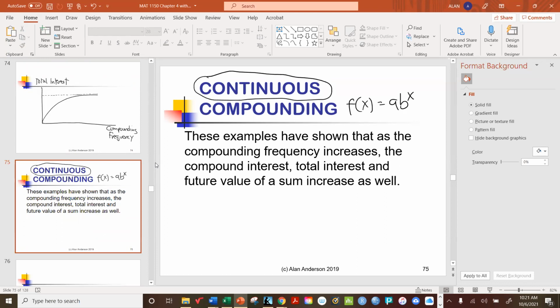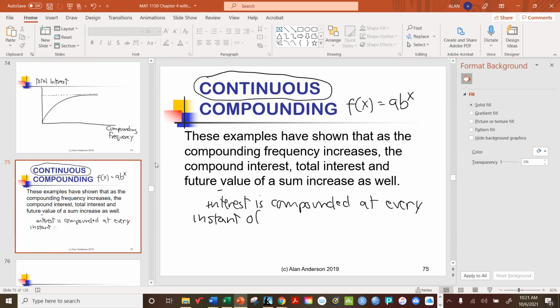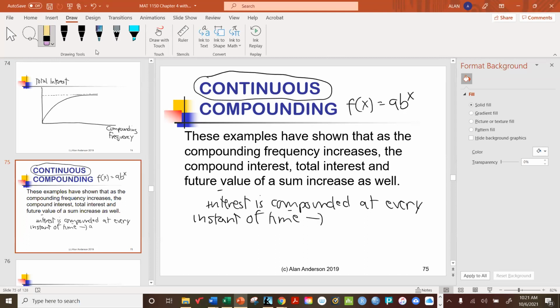Continuous compounding means interest is compounded not just every hour, every minute, every second, at every instant in time. Or think of it as interest is compounded an infinite number of times.